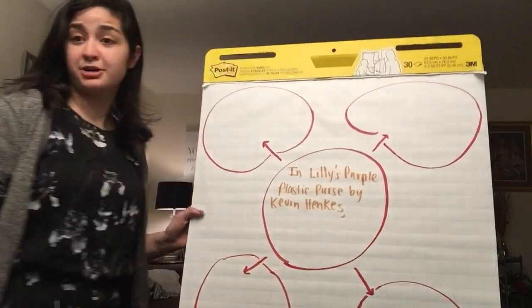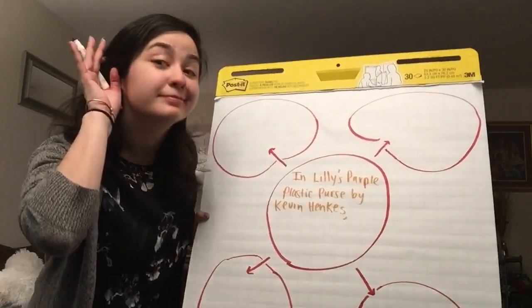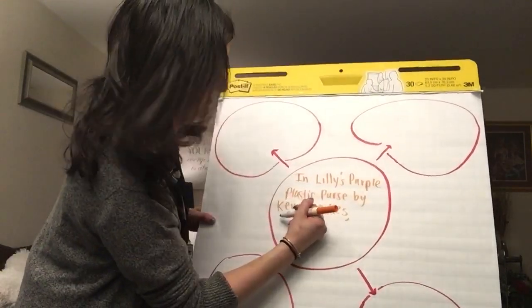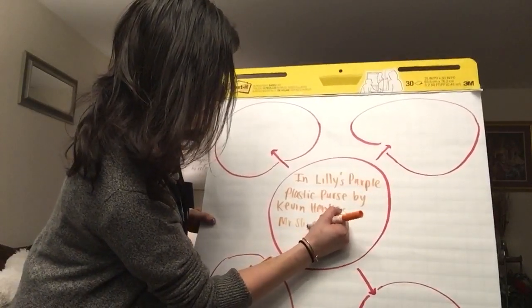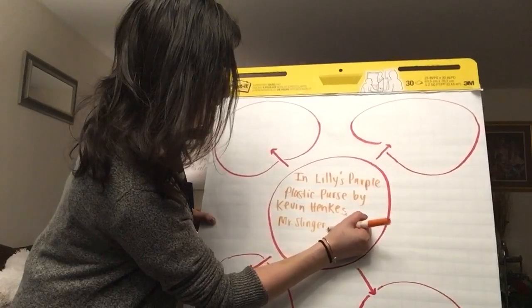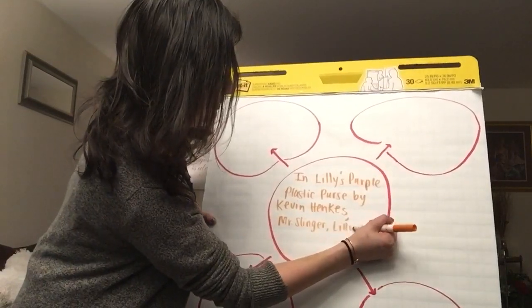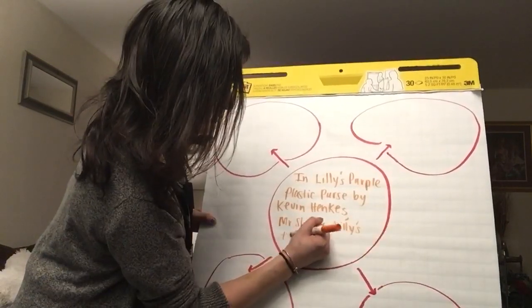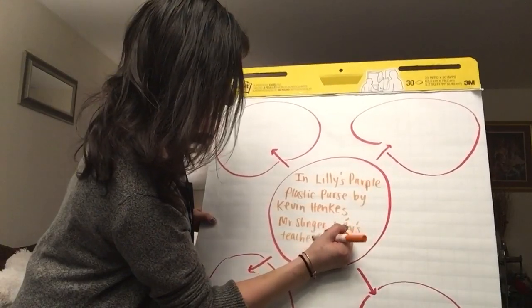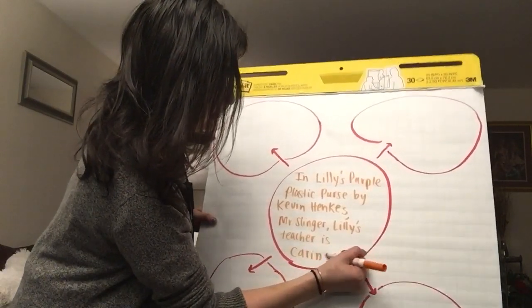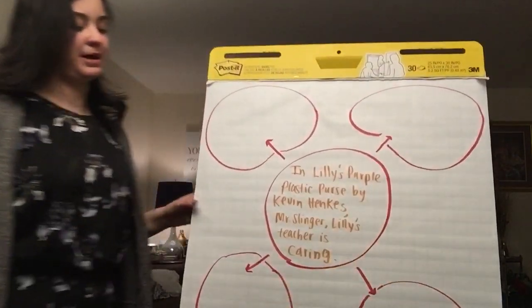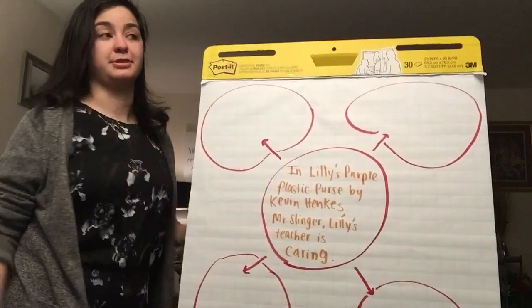What was our topic sentence again? Mr. Slinger, Lily's teacher, is caring. My topic sentence goes right in the middle. Reminds me what my writing is going to be about.